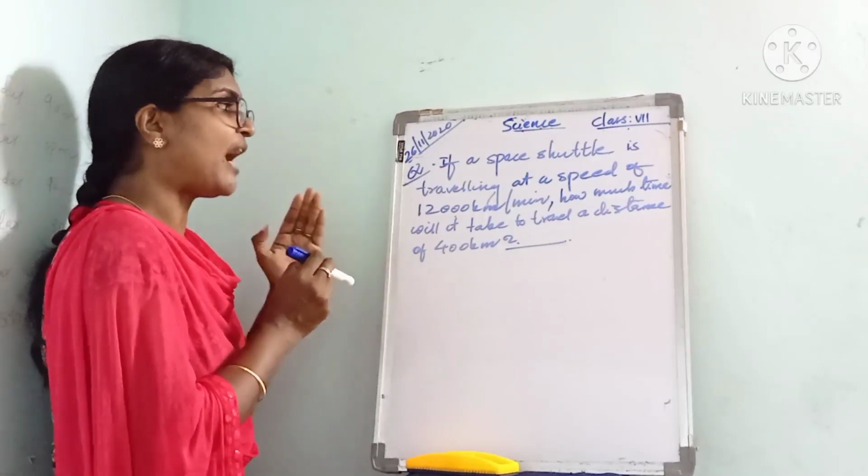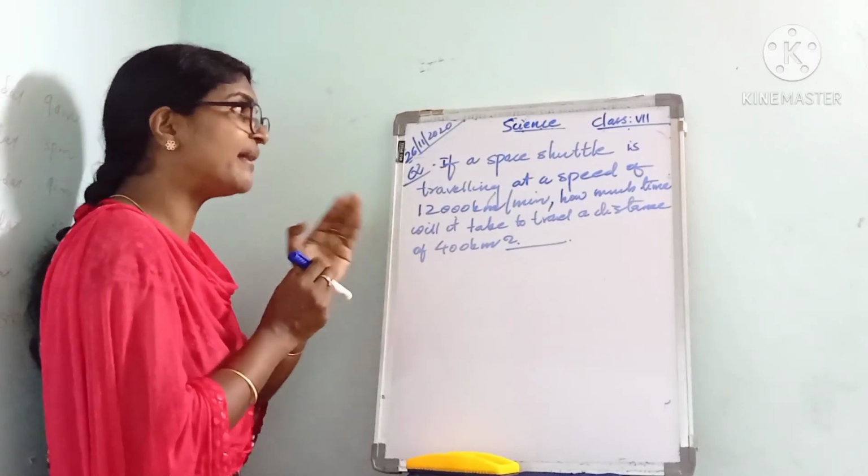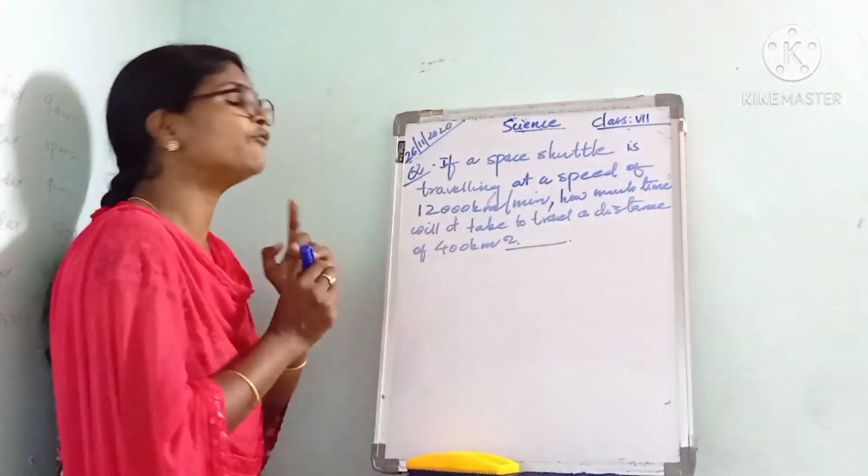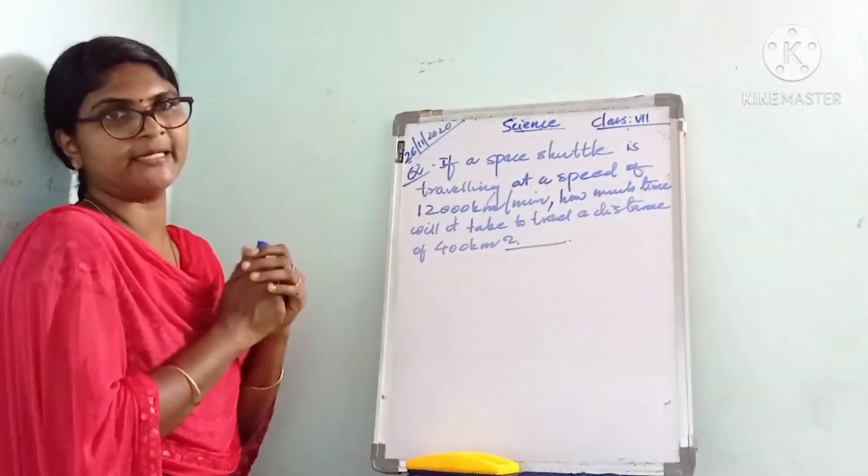Here the speed of the space shuttle is given as 12,000 km per minute. We have to calculate the time taken by the space shuttle to travel a distance of 400 kilometer.